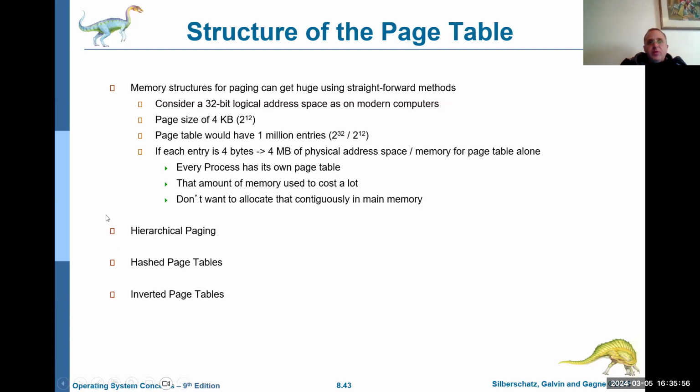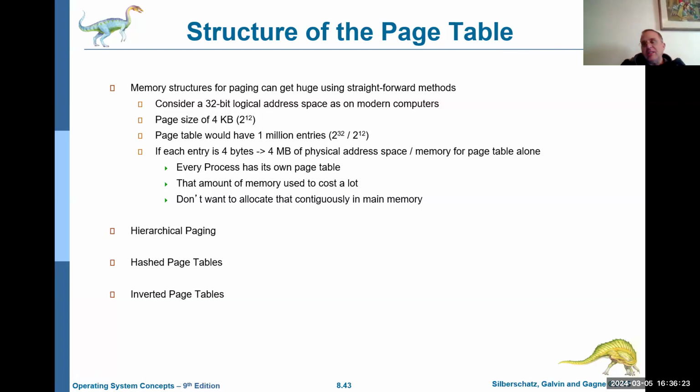Well, the page size is 2 to the 12th, and the total memory size is 2 to the 32. So if I have 2 to the 32 divided up into units of 2 to the 12th, then I simply divide. 2 to the 32, that's the total number of bytes, divided by how many bytes are in a page, which is 2 to the 12th. Gives me how many pages I have, right?